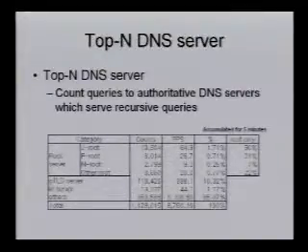We also count queries to authoritative DNS servers, which serve recursive queries. For the root server, JRoot is frequently used because the mirror site of JRoot is directly connected to KORNET.